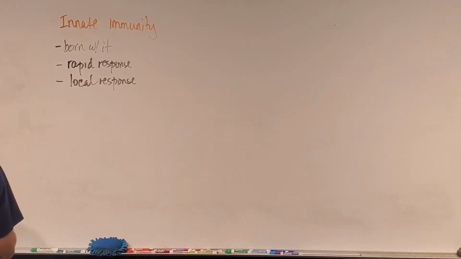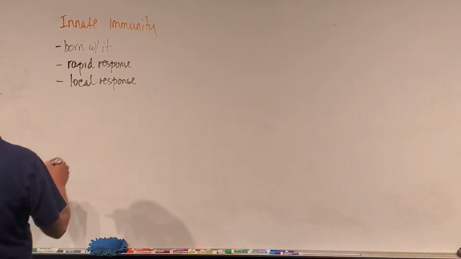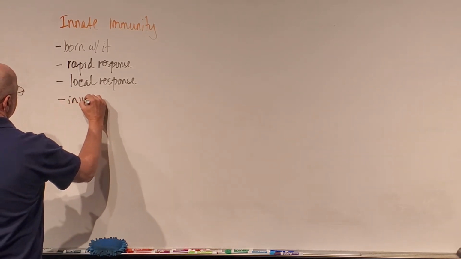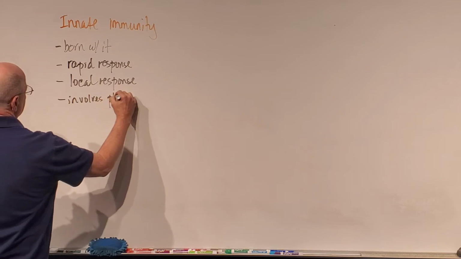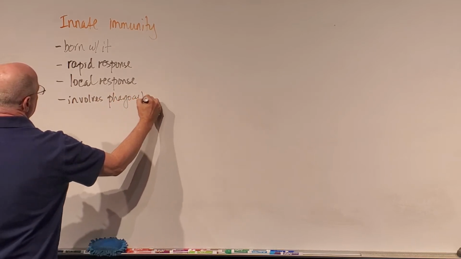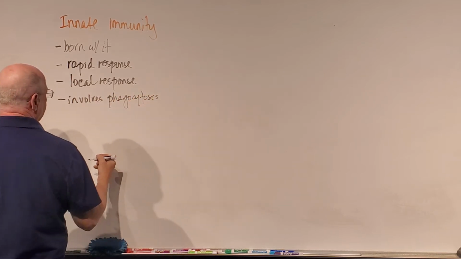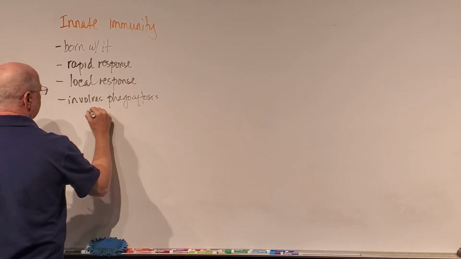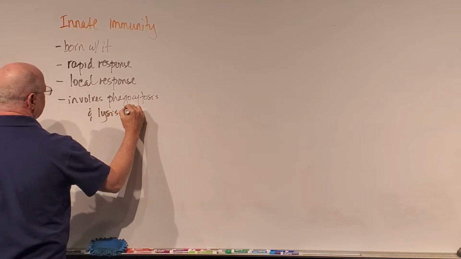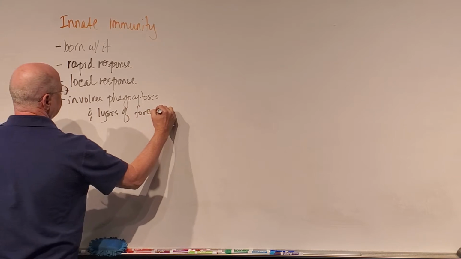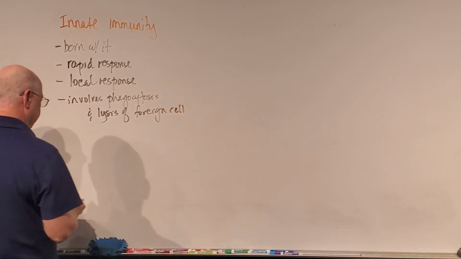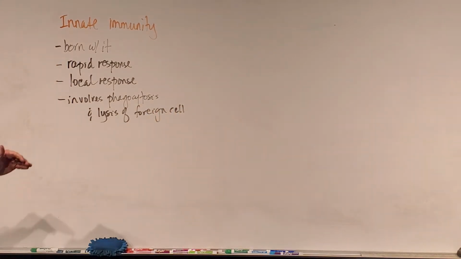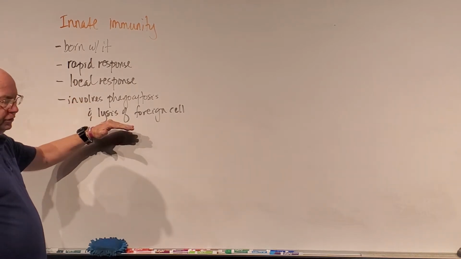One of the things that we know is that it involves phagocytosis, or lysis of the foreign cell. Somehow, some way, our white blood cells will kill this foreign cell.